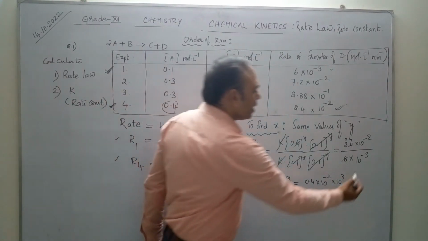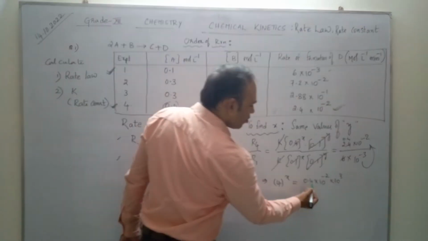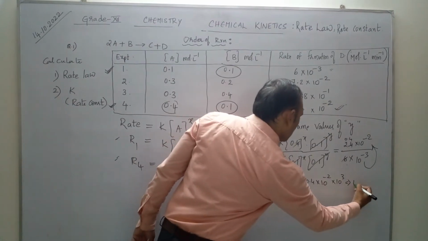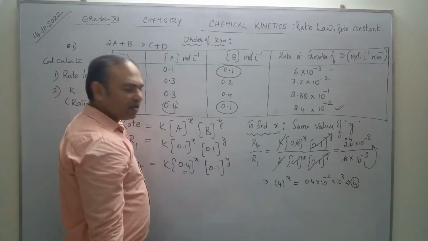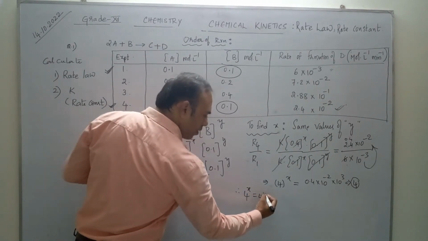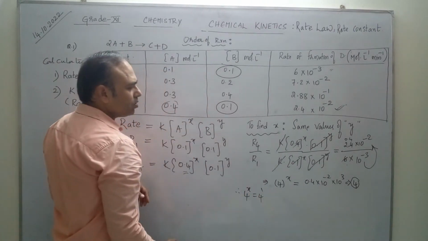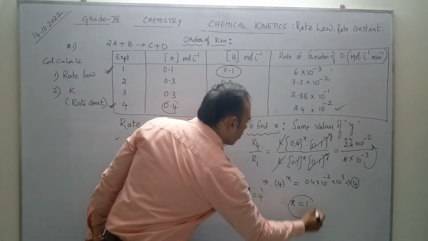I have sent minus 3 to the numerator, it becomes plus 3, so therefore we will get 4. So we can write 4 to the power of X is equal to 4. So hence X is equal to 1. So here X is equal to 1.